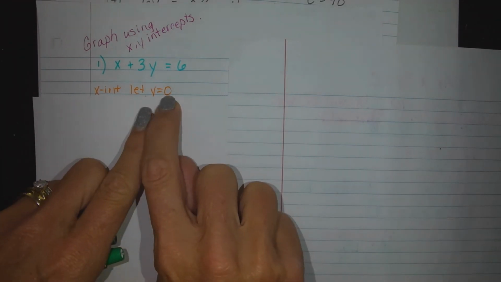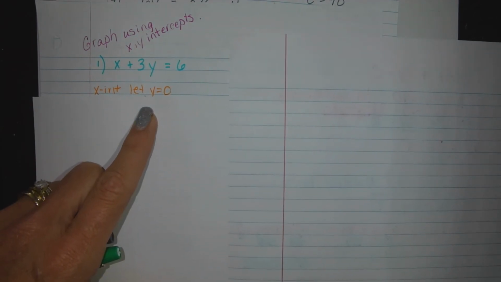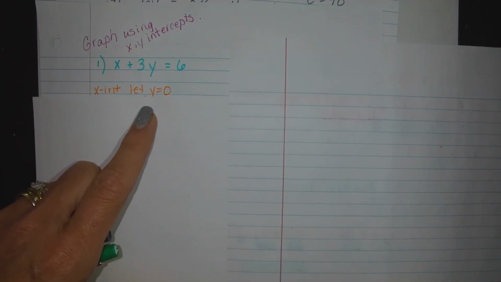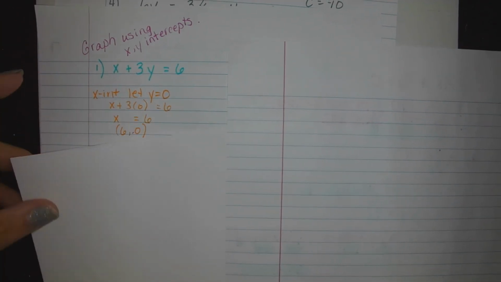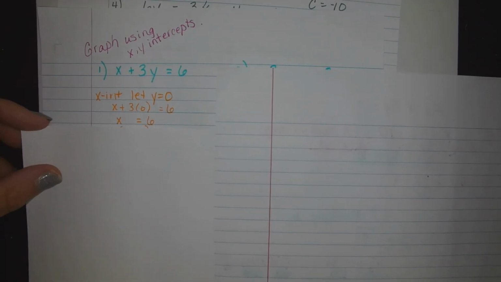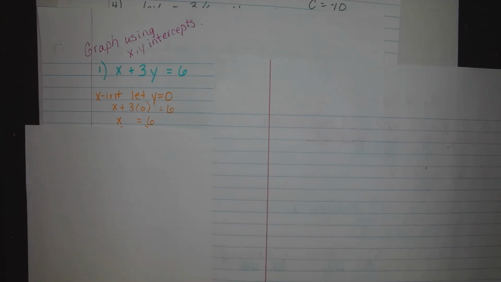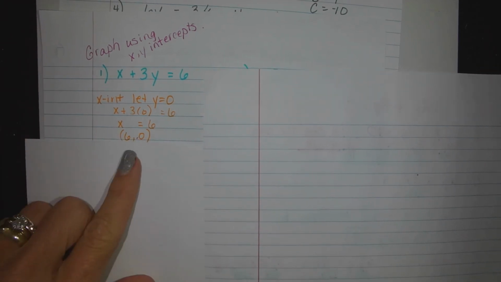So you're going to take 0 and put it in for y. We're substituting, going back to chapter 1. It will never go away. You will do this for the next 4 years. Easy math, guys. What is 3 times 0? 0. So therefore, x is simply equal to what? 6. So our point is 6, 0.